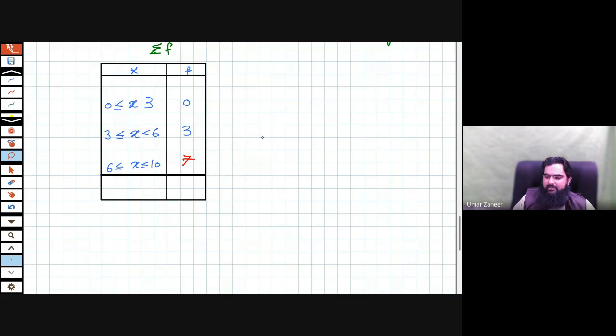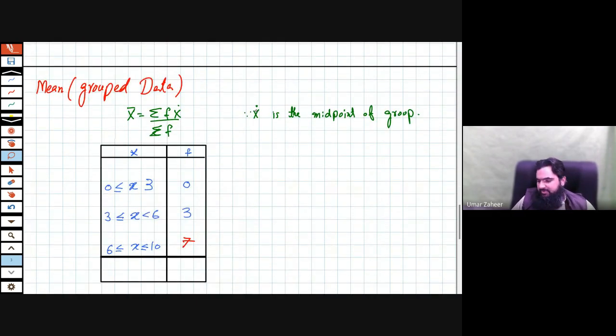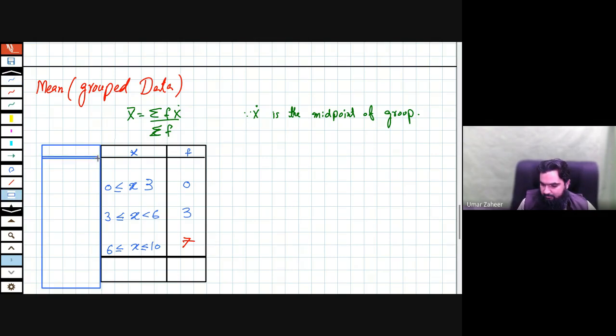Okay, what do we have to find? We are talking about the mean. So I told you we need x dot first of all. For x dot, we are going to add one more column here, in which I'm going to find the x dot.